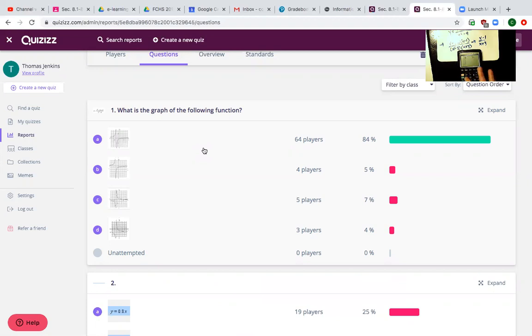So parentheses x squared minus 4x plus 3, close parentheses, over the quantity x squared minus 9.